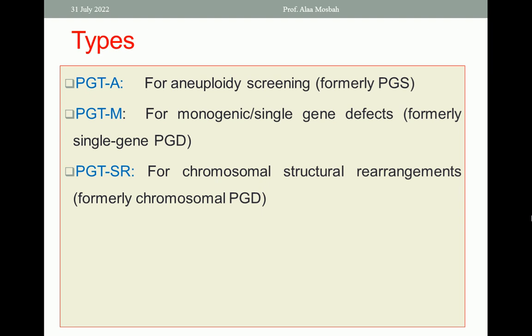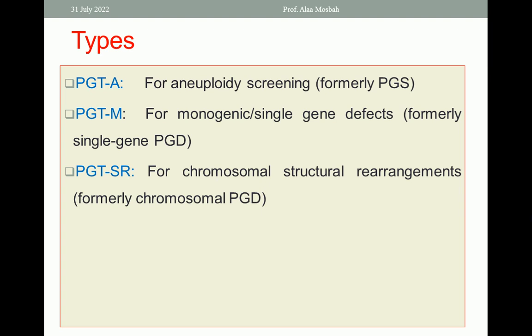The third one is PGT-SR, pre-implantation genetic testing for structural chromosomal rearrangements, like translocation and so on.